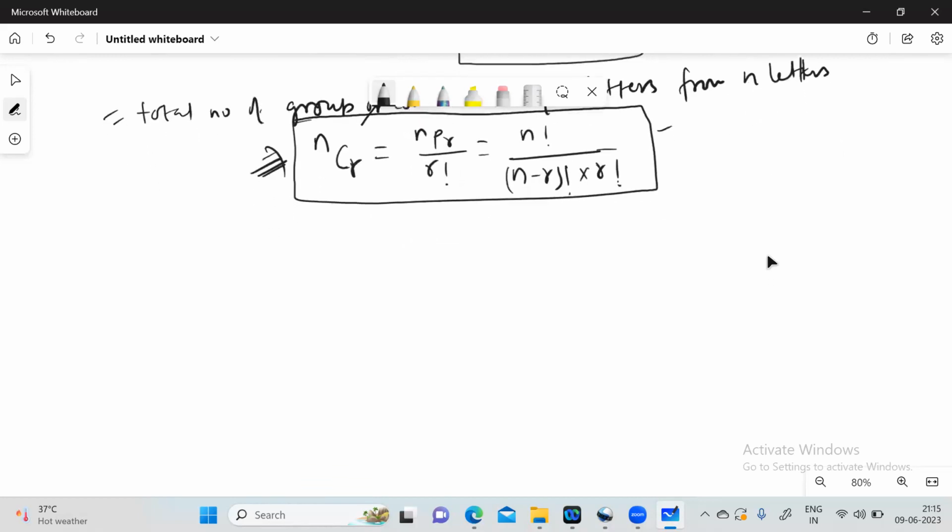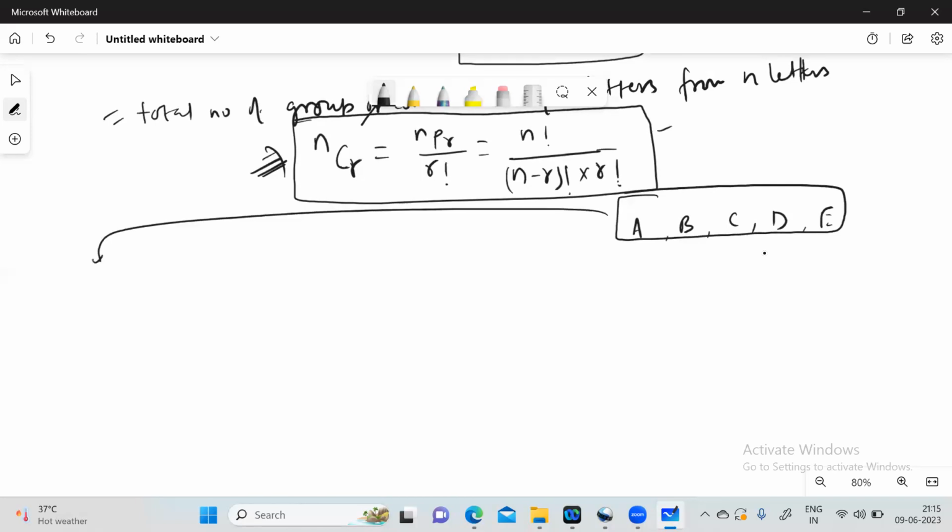I'll explain again like I did in permutation. I have 5 letters and I'm making a group of 2.